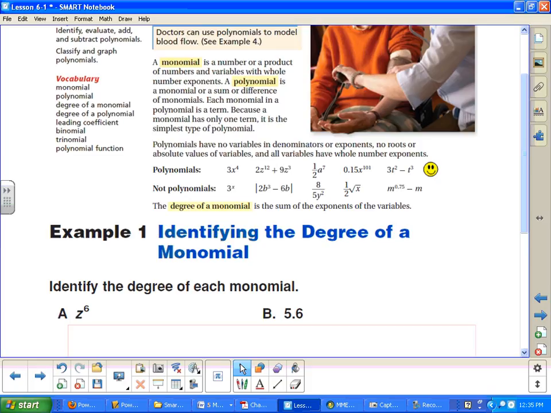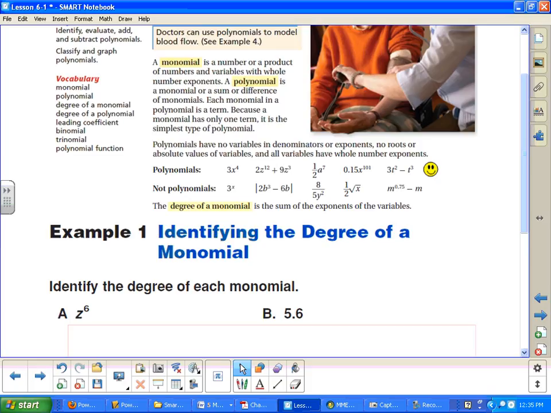Okay, everybody knows what a natural number is, right? Starts at 1, actually a whole number, so it starts at 0 and goes on. So the degree of these terms in a polynomial must all have whole number exponents. That means they can't be negative and they can't be fractions. Otherwise, they're not a polynomial.